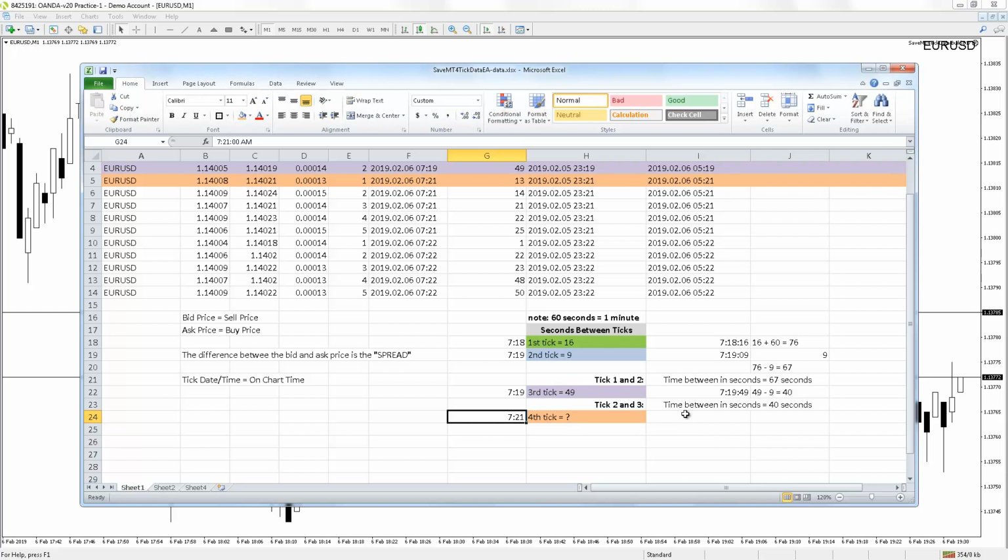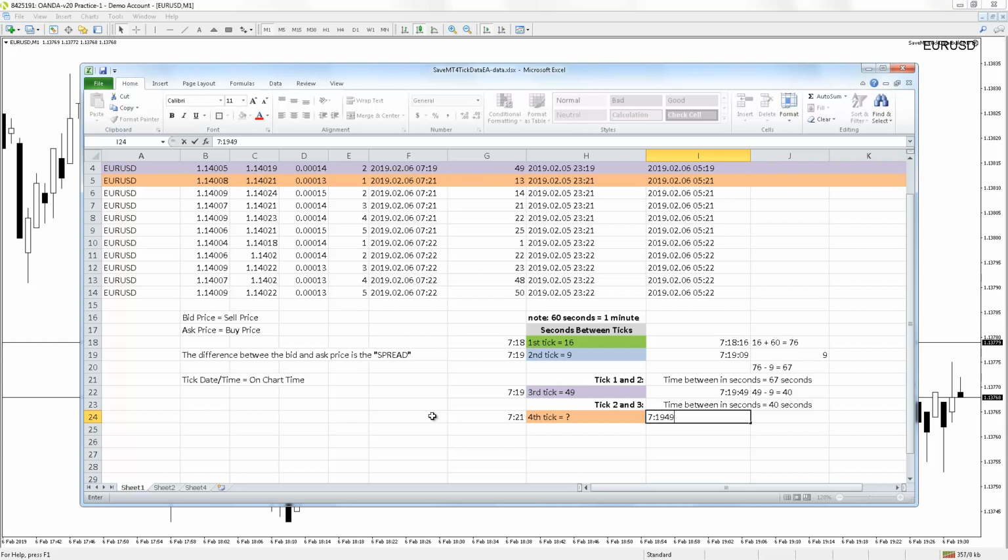So we have tick 3 is 7:19.49, right? And so 21:13 is going to be the time between.